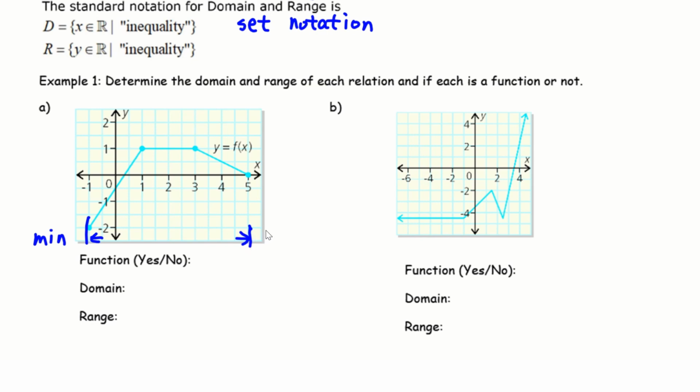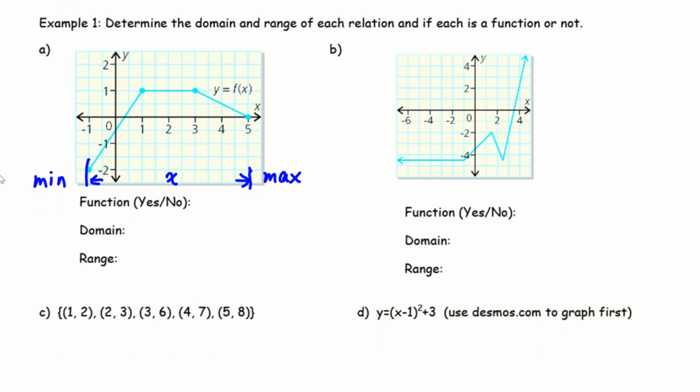Yeah, this is the very right side of the graph. That is your max for x. Then we write minimum, then x, then maximum, less than. If solid dot, less than or equal to, that is your domain.